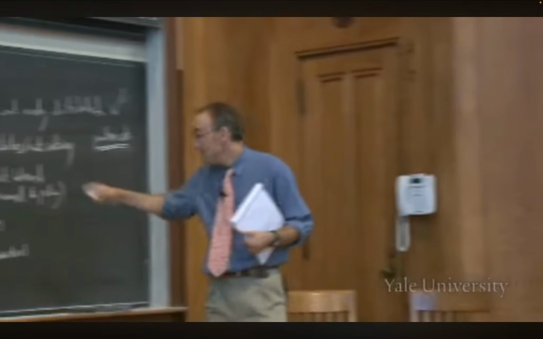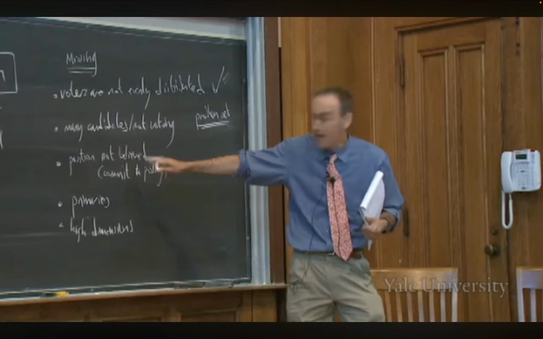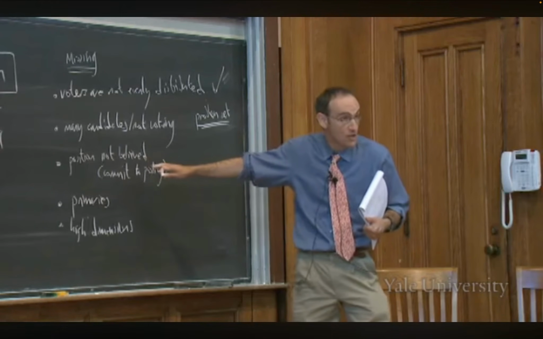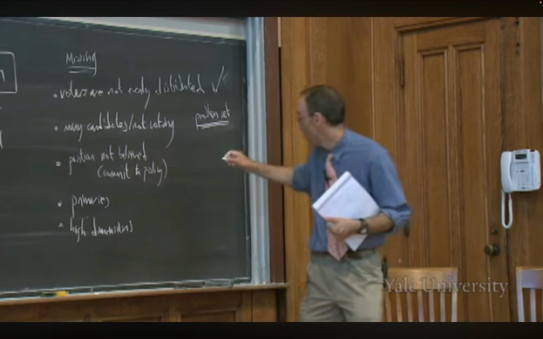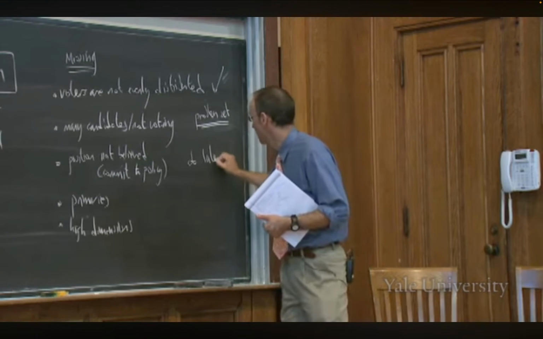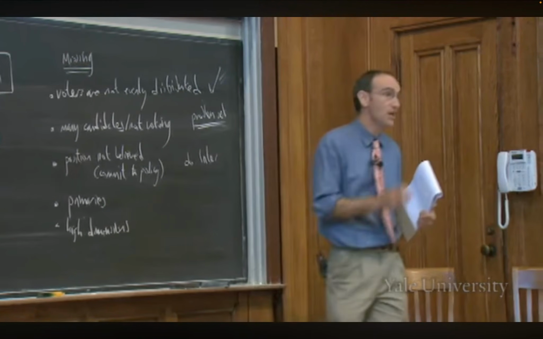All right? So nevertheless, even having given you that historical example, we're going to come back later on in the class to a model in which politicians cannot choose their positions, but rather you know their positions ahead of time. So we'll do this one later. Right? And these other two, primaries and higher dimensions, they're both great points.